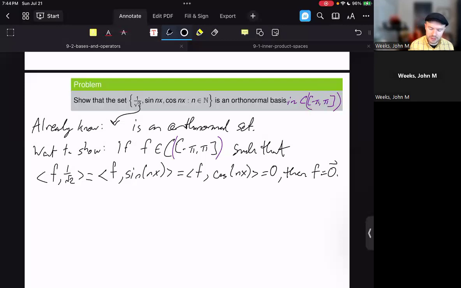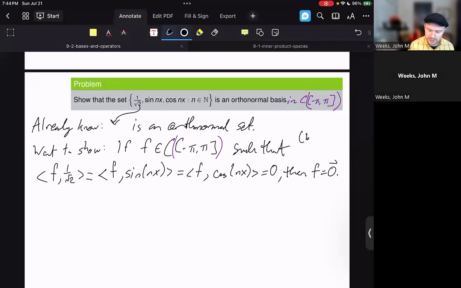So this is what we want to show, and this is by condition 1 of our theorem. If we can show that the inner product of this function with any of the other functions inside of this set is equal to 0, then the function itself is equal to 0. We have essentially shown that this is a basis by our previous theorem.